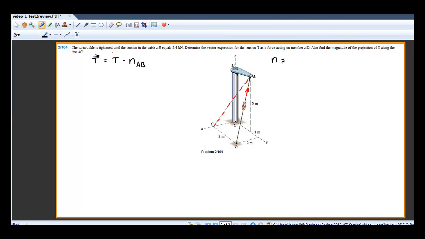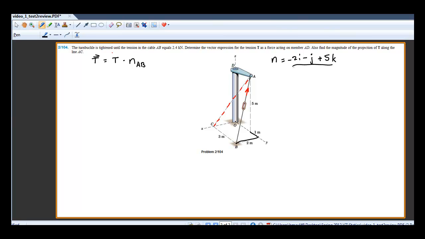The unit vector is equal to 2i, and that's going to be 1 because it goes across 1 here, and these are both going to be minus. That's minus j, and then plus 5k.